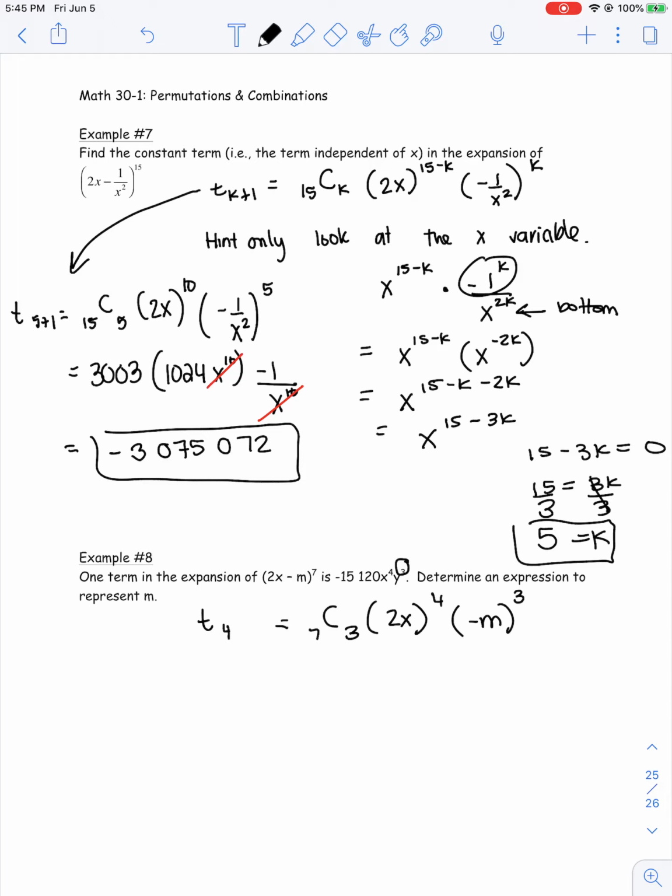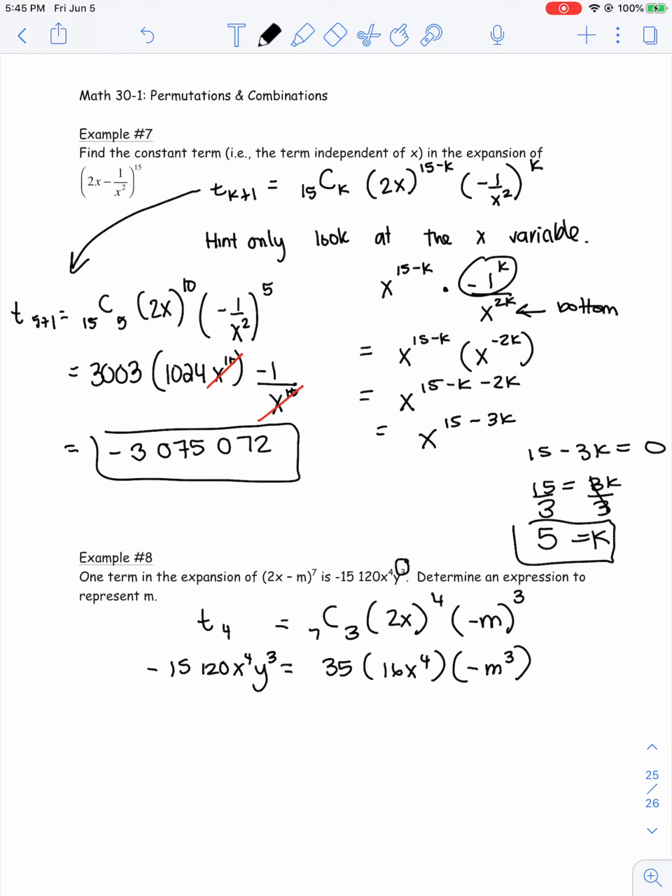Our term 4, we actually know the value is going to be negative 15,120 x to the 4 y cubed. And then 7 choose 3 is 35. 2 to the power of 4 is 16, x to the 4. And then we have negative m to the power of 3, like that. We can distribute it.